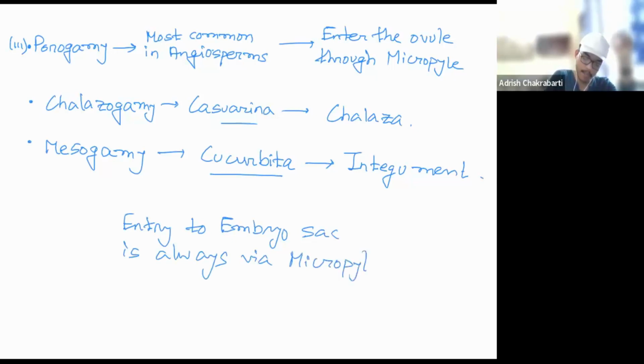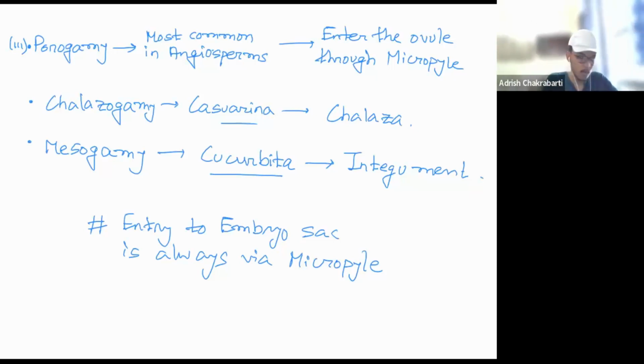This is the highlight point that I had repeatedly mentioned in the previous lecture: even though we observe variation in how the pollen tube enters the ovule, it might be through the micropyle, chalaza or integument, but if we talk of the embryo sac, it always has to enter through the micropyle, because the embryo sac is covered by integuments on all its sides, so you can't break through it. So to get into the ovule, you have to go through the micropyle route.